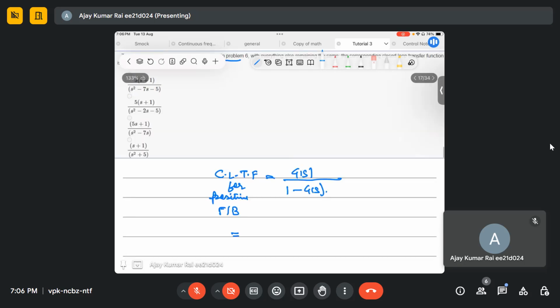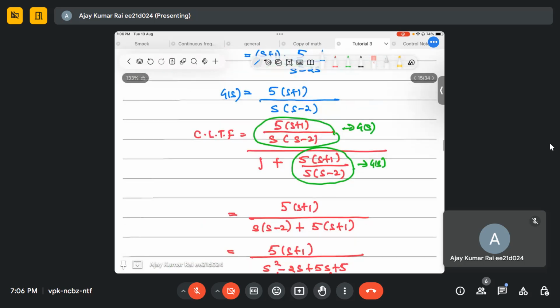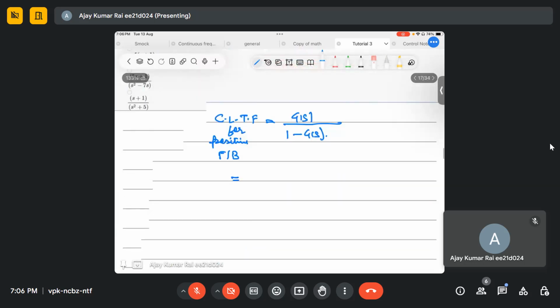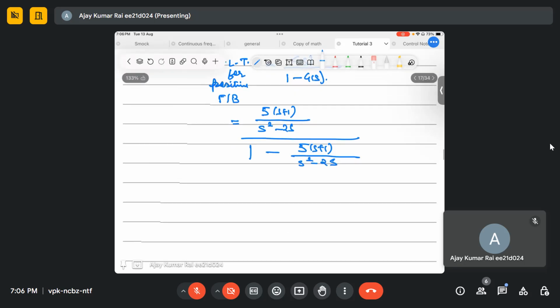G(s) was 5 into (s plus 1) divided by s square minus 2s, so we have 5(s+1)/(s²-2s) divided by 1 minus 5(s+1)/(s²-2s).